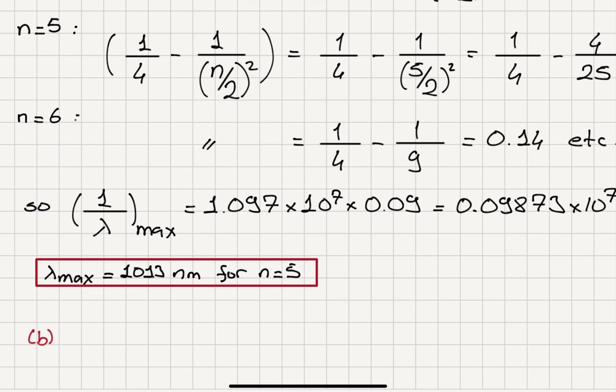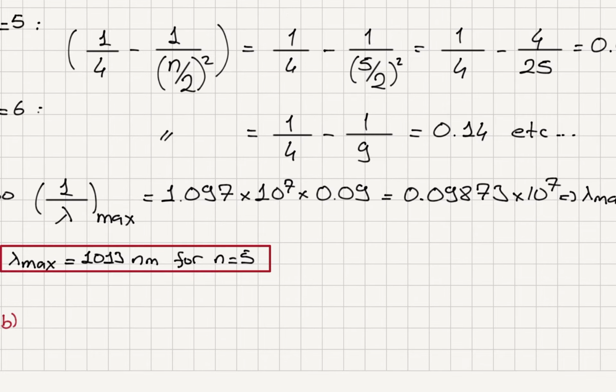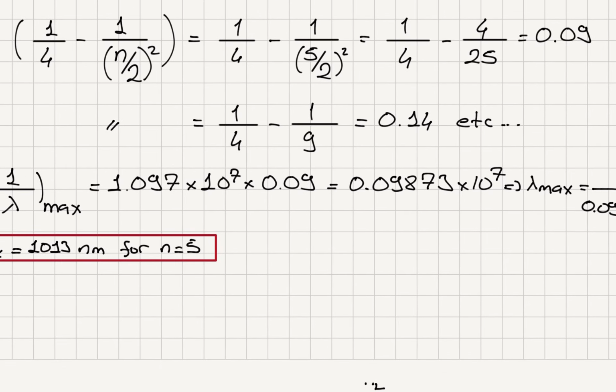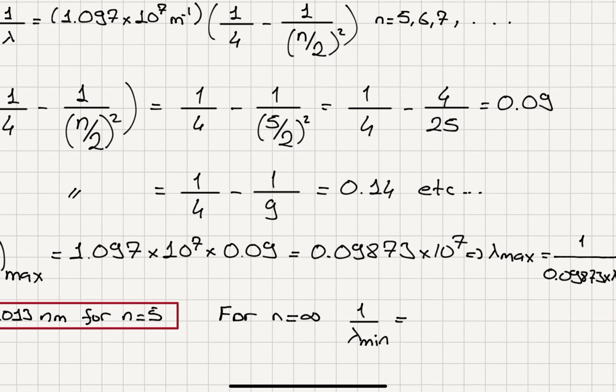Okay, and since as n increases this value is increasing, which means lambda is decreasing, we will have the minimum value for n equals infinity. We will have 1 over lambda minimum is equal to, so if n is infinity, this term is going to become 0.